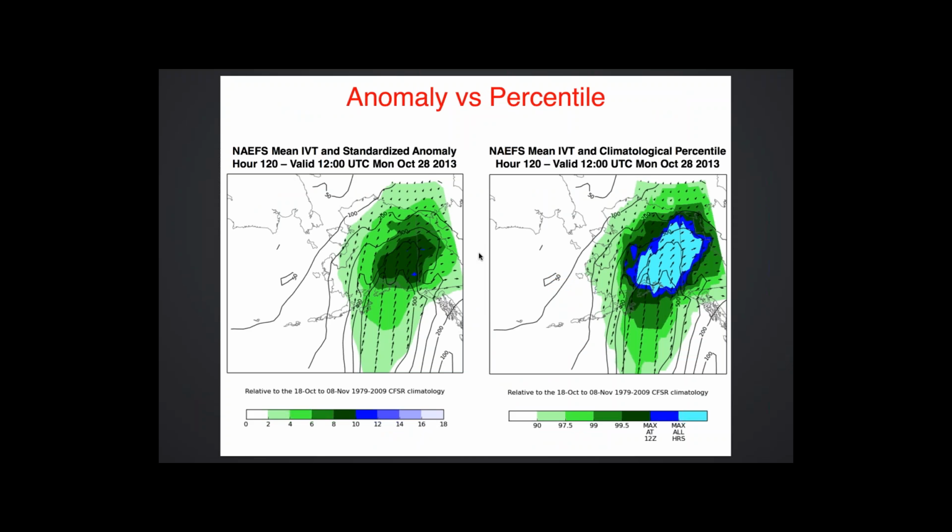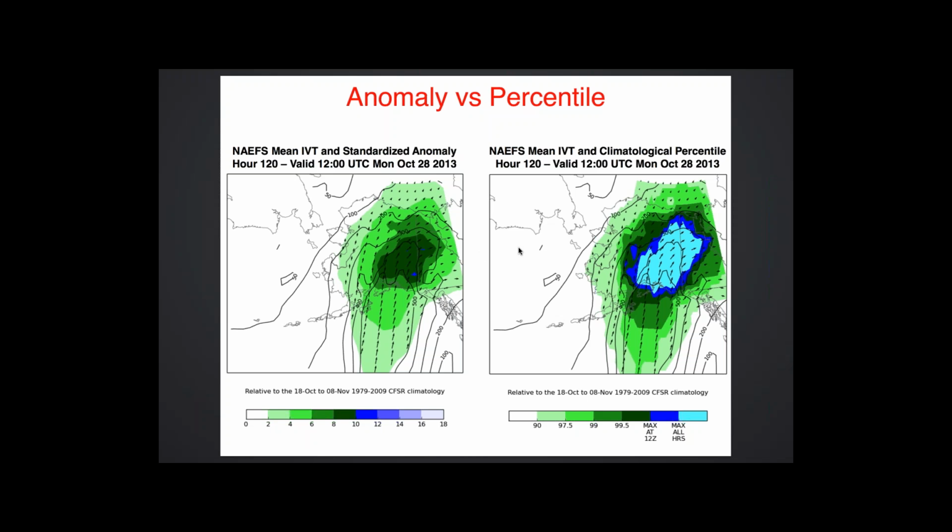To illustrate this, I just have a comparison of the NAIFS mean integrated vapor transport and standardized anomaly, and also the same thing for the climatological percentile for a heavy precipitation event that occurred on October 28th of 2013 in Alaska.